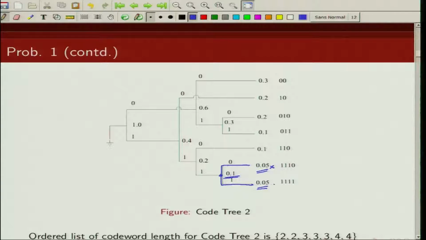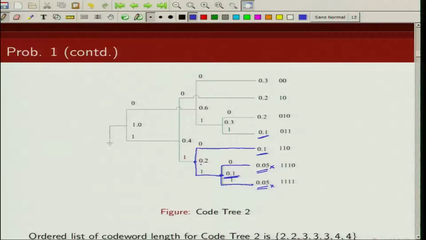We deactivate these nodes and activate this new node. Now we have nodes with probability 0.1, 0.1, and 0.1. We can combine any 2 of them, so let's combine these 2.